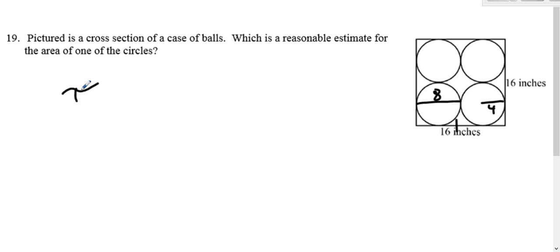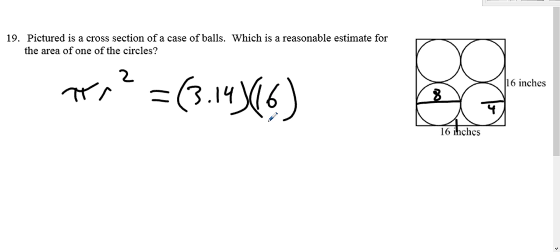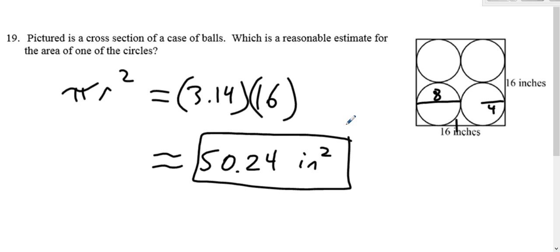So area is pi r squared, times 4 squared, so times 16. You get about 50.24 square inches.